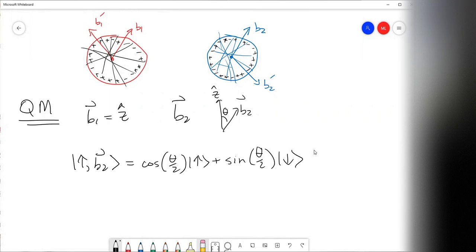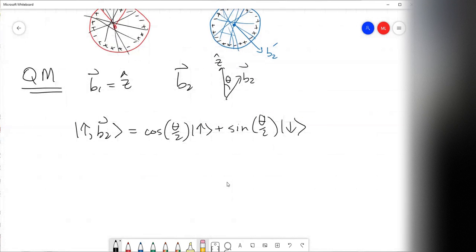So there will be an associated probability amplitude of measuring the spin in the up direction. What's that? That's going to be the up direction for B1, tensor product with this state here. I don't know a good way to write it, maybe like up arrow B2.